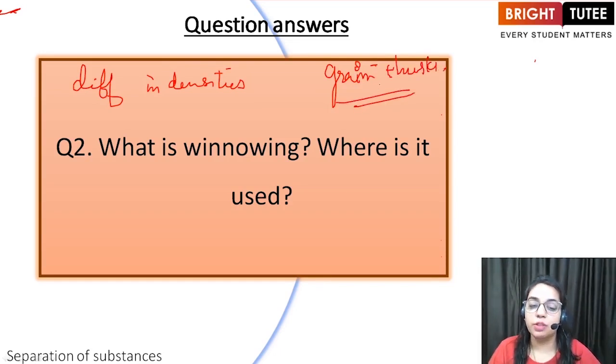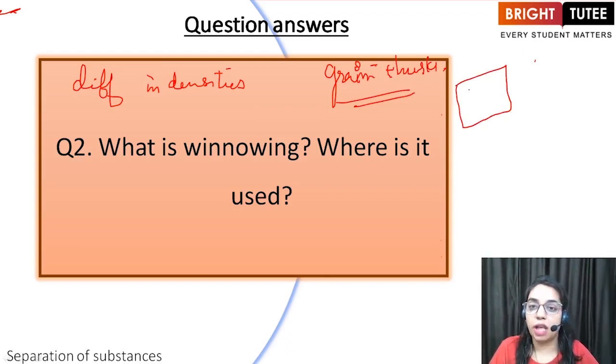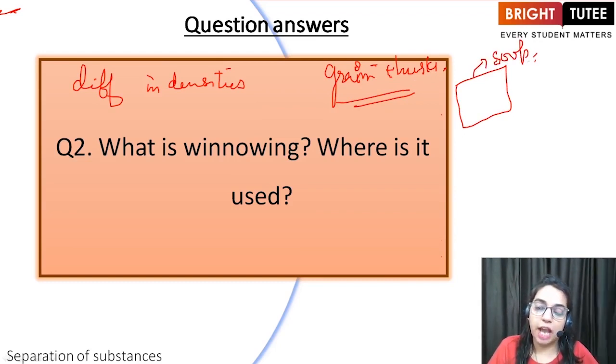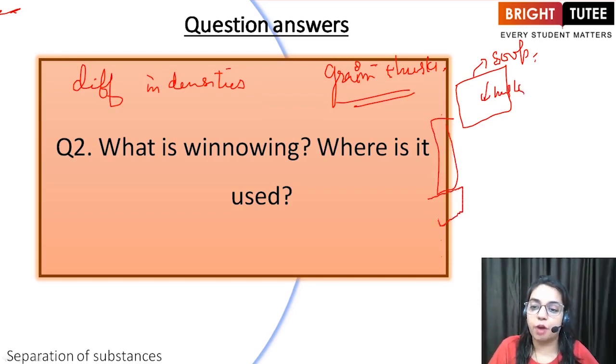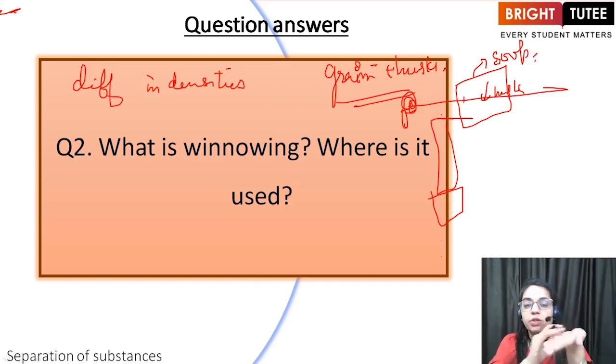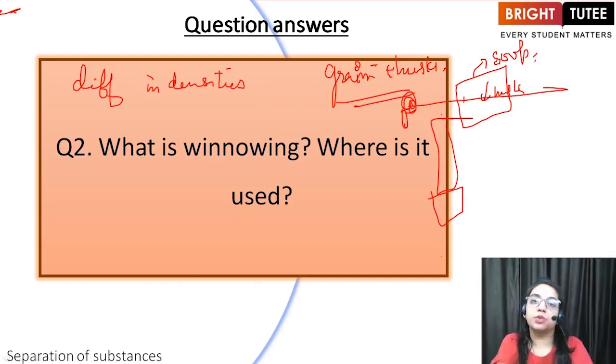So how do we go about winnowing and separating them? We use a tray which we commonly call soup, and we add the mixture of grain and husk into this, and we will stand on a raised platform, and behind this platform will be a table fan, and we will tilt this tray a little bit so that the mixture is sliding through the tray.